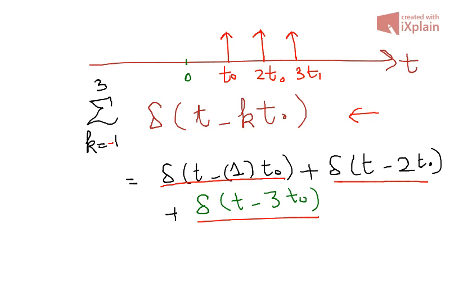you would have minus 1 and 0 as well. So you can add 2 more, which should ideally come for k equal to minus 1.